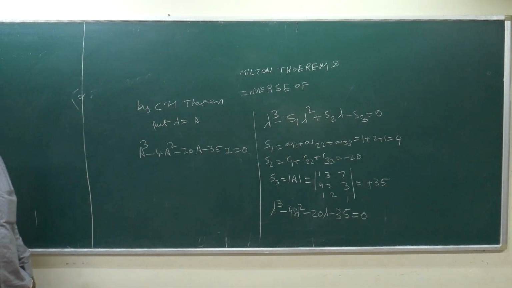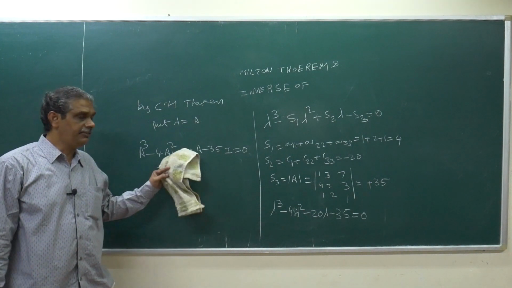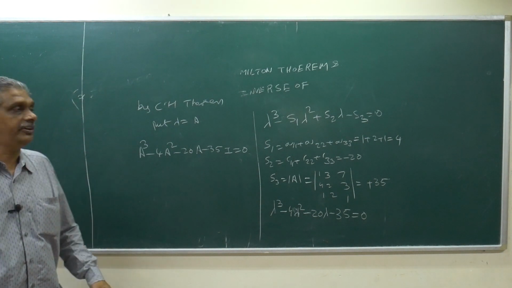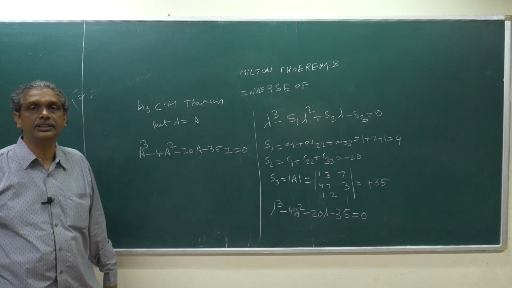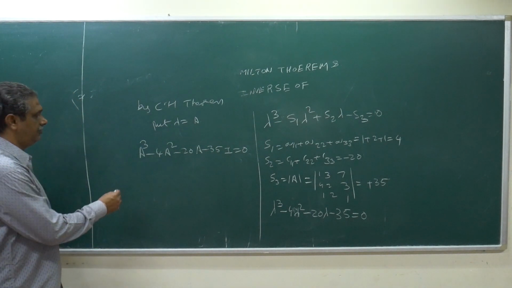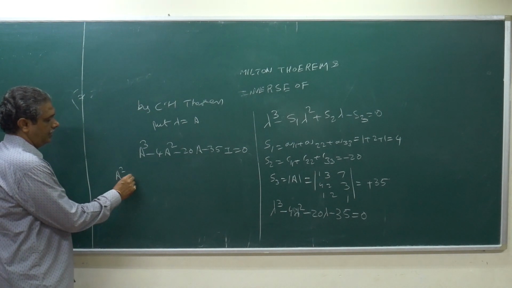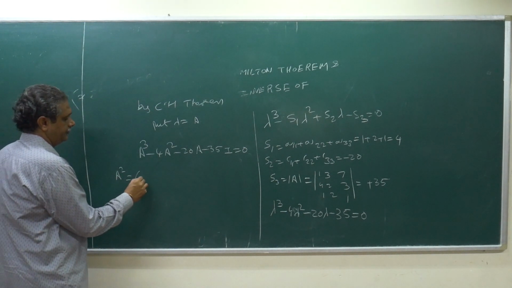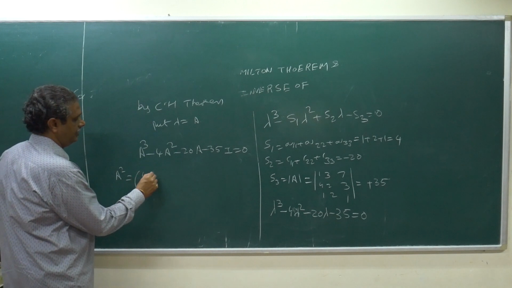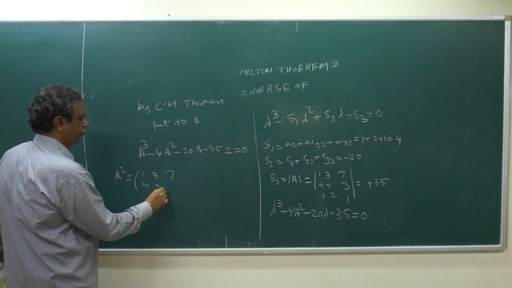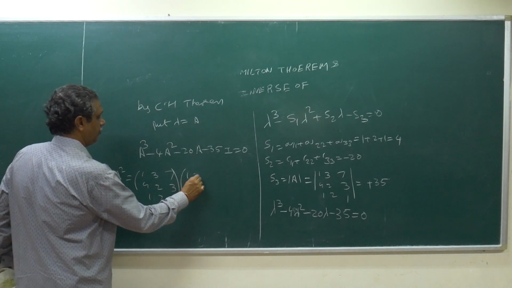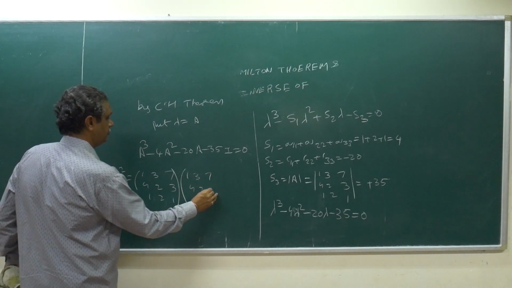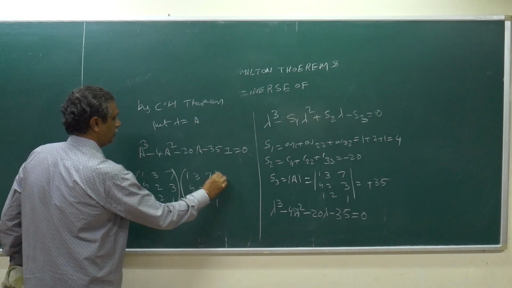Reaching or not? Now I want to verify this. Verify means I want to find A cube, A square, then A, and if I add them I have to get 0. So first I will find A square. A square is equal to A into A, where A is 1, 3, 7; 4, 2, 3; 1, 2, 1 times 1, 3, 7; 4, 2, 3; 1, 2, 1.